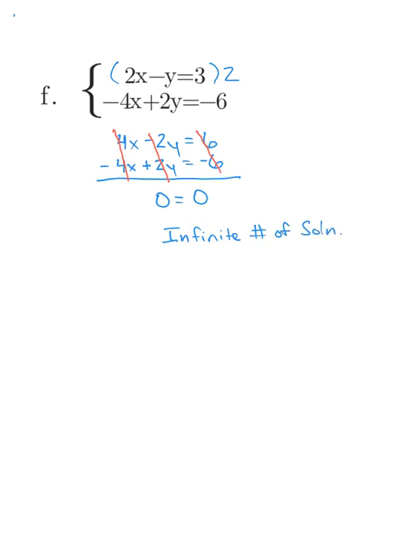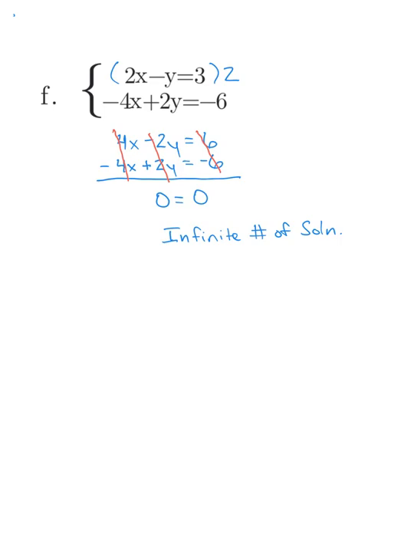These are essentially the same equation. If you look back at when we multiplied, notice that these are exact opposites. One of them, the bottom one, is just negative 1 times the top one. And so since they are the same equation, we do have infinite number of solutions.